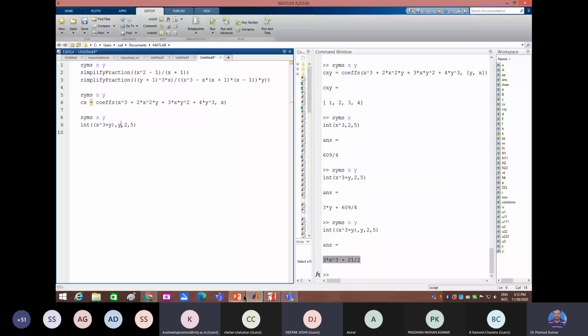This way we can do any types of integration. Suppose we want to integrate again this one in terms of x, 0 to 5.